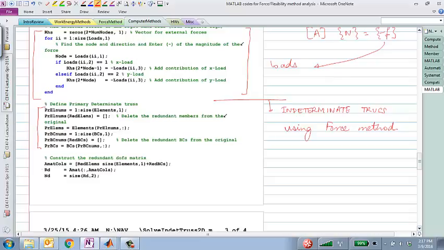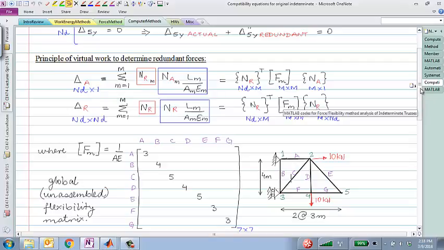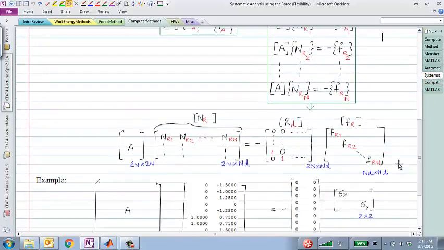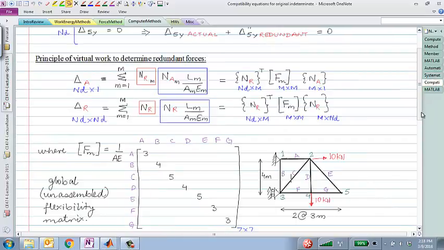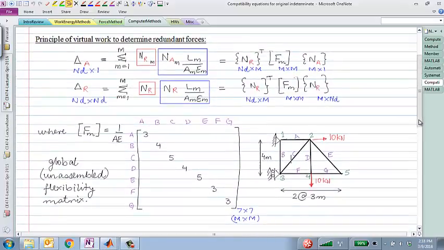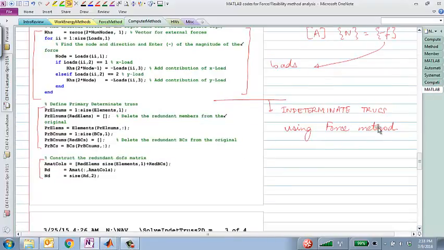Once we have the correct redundant members, this RD and ND are exactly the same variables that I used in my handout here. So this is RD, and ND is just the number of redundant unknowns.